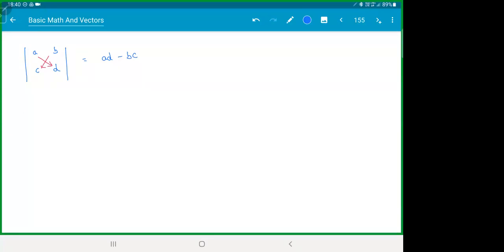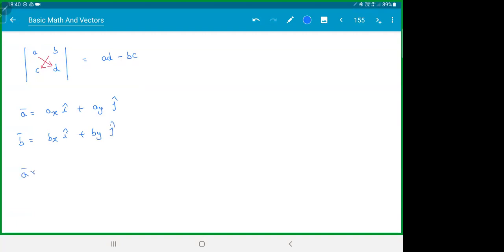So if I take an example here, let's say A bar is AX I cap plus AY J cap, and B bar will be BX I cap plus BY J cap.